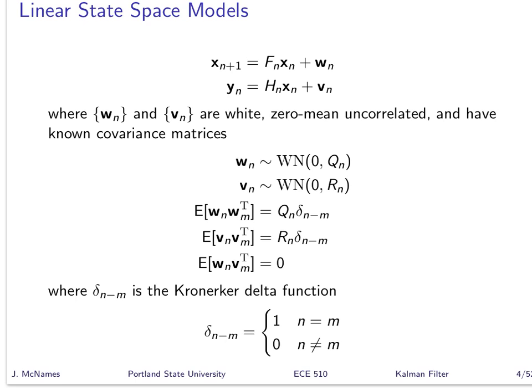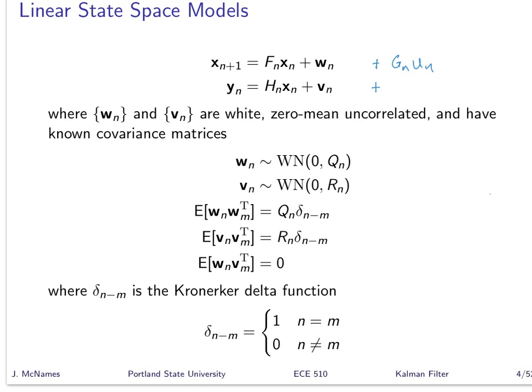Those of you with a controls background have already been asking me, in the process model, can we feed in external inputs and somehow have those affect the state also? Could we add a term, where we have maybe plus a G, a time-varying matrix, times another input, U of n, that is feeding into this? And likewise, you could consider that you've got an external input going into your measurement model as well.